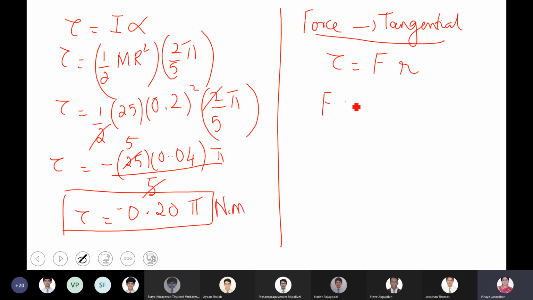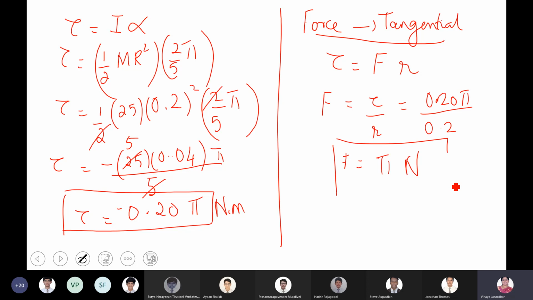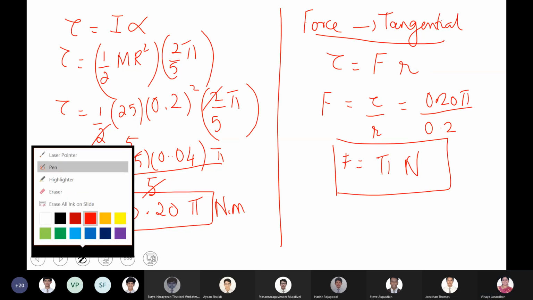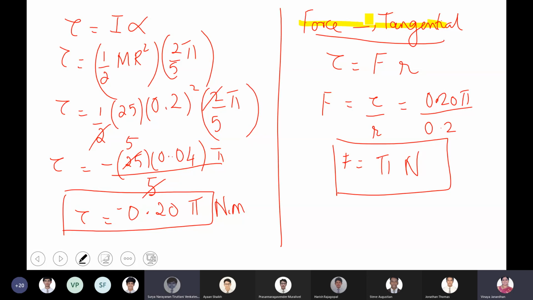So F is equal to tau upon R. So tau is 5, divided by what is the radius? Radius is 0.2 meters. So F is equal to 5 Newton. Are you getting this, boys? Yes, ma'am. Okay.